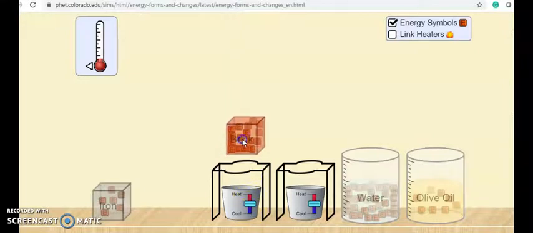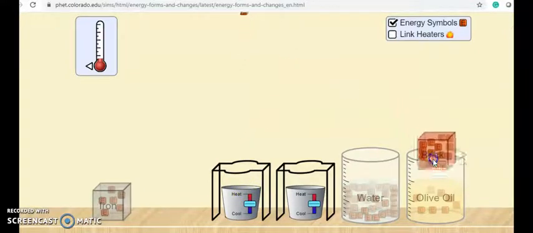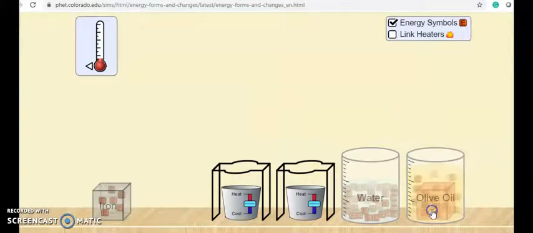Okay, right now if I put the brick inside the olive oil, you can see some of the energy transfers to the olive oil. So you can see the transfer of thermal energy from one object to another as you see right now. So this is an example of heat.